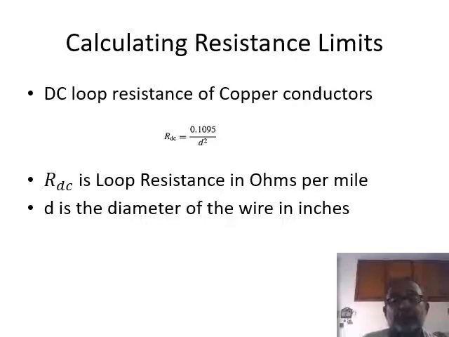How can we calculate the resistance limits? DC loop resistance of copper conductors is RDC, which is the loop resistance in ohms per mile, and it is equal to 0.1095 divided by d square, where d is the diameter of the wire in inches.